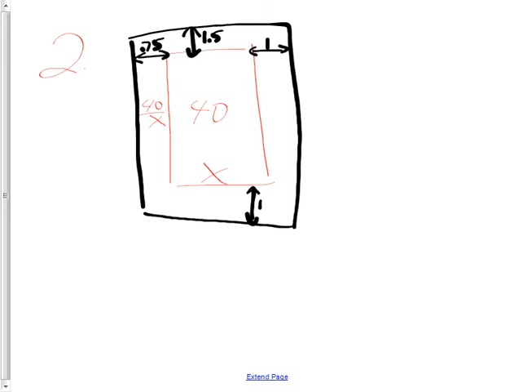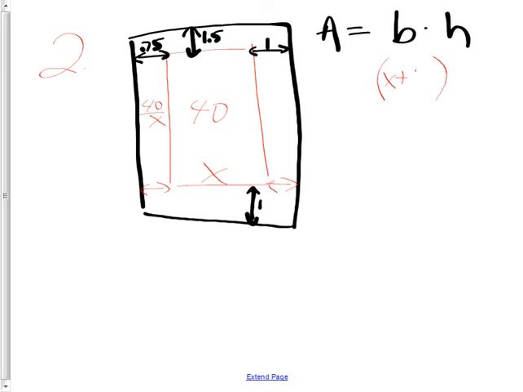All right. So for this guy's total area, not the area of the inside, the total area of the whole thing, the area is going to have to be the base times the height, right? And the base is not x. It's x plus this distance is 1, and this distance is 0.75, so the total is x plus 1.75.